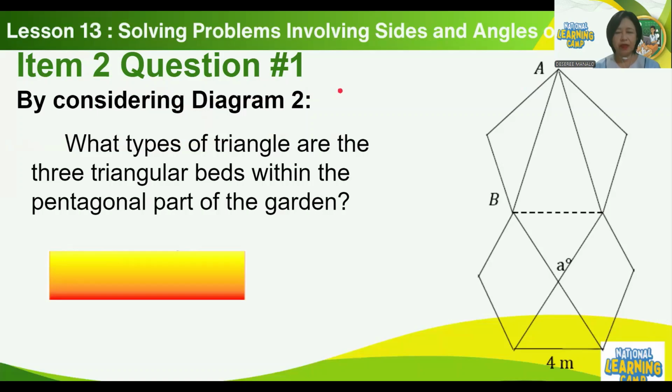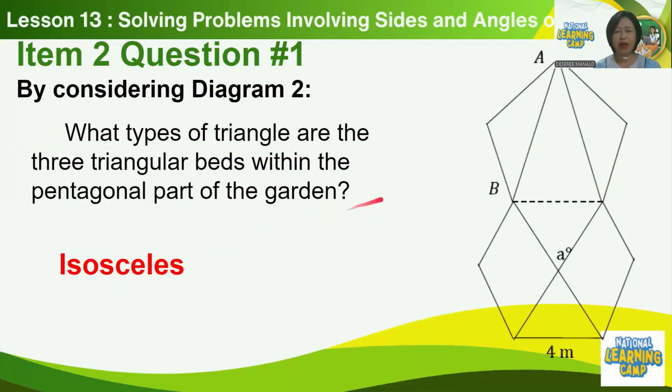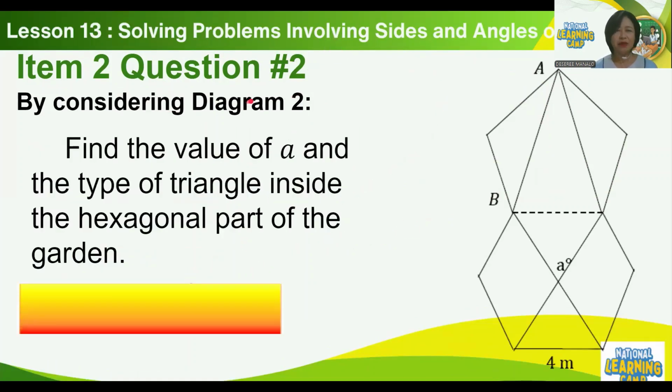Item 2, question number 1. You can pause the video again to answer all the given problems. What types of triangle are the 3 triangular beds within the pentagonal part of the garden? Here is our pentagonal part. Isosceles triangle. Again, isosceles triangle, 2 sides are congruent. Item 2, question number 2.